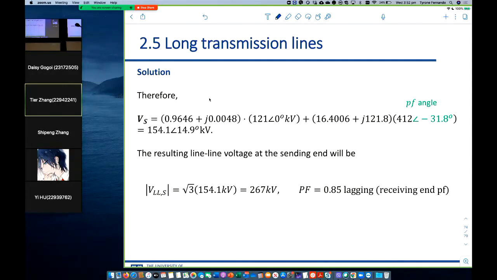We've chosen the reference to be the receiving end voltage because that makes it simpler for us to calculate the power factor and find the angle of the current. We know the receiving end voltage, the receiving end current, and the ABCD matrices, therefore we can find the sending end voltage and the sending end current.